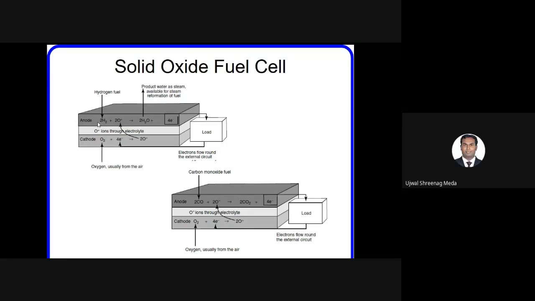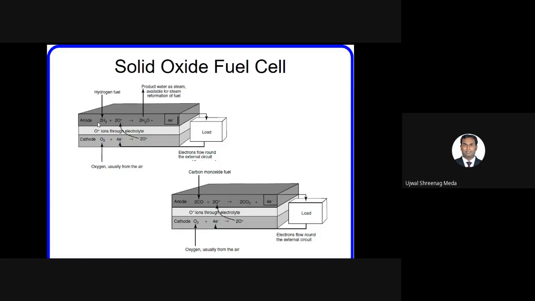When hydrogen is used as fuel at the anode, hydrogen reacts with O2 minus, forming water, and electrons are liberated. Those electrons move through the external circuit and reach the cathode.